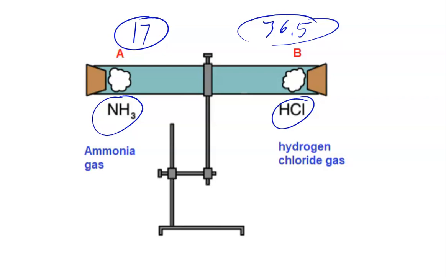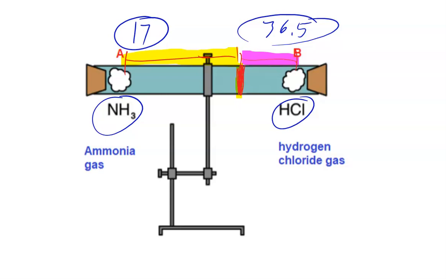But eventually what happens is you'll form a ring right around here. I don't know if you can see that. It'll start forming a ring on this tube, and you can measure the distance here and measure the distance here. Of course, the faster one's going to go farther, and the slower one is going to go a shorter distance.